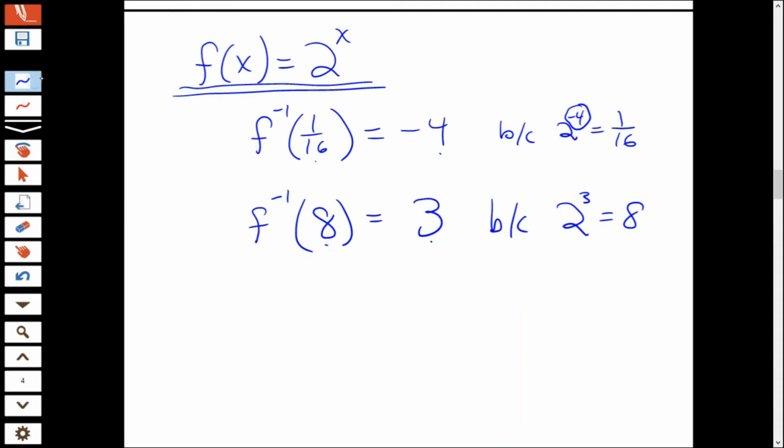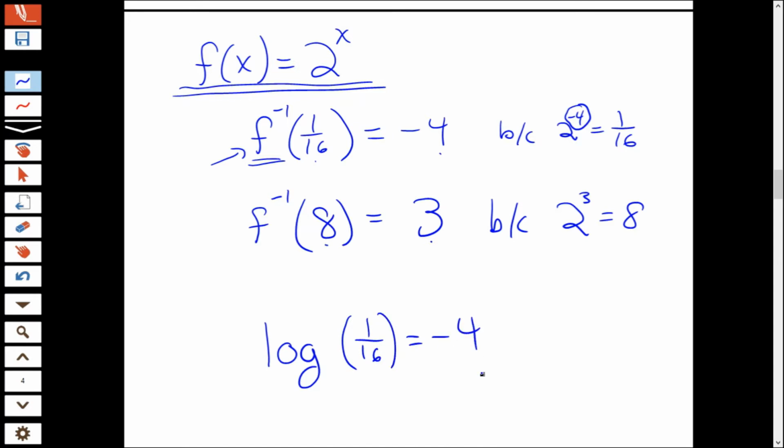Well, a long time ago, they developed a different notation for this type of inverse function. It was a logarithm, and I could rewrite this inverse here as log of 1/16 is equal to negative 4.